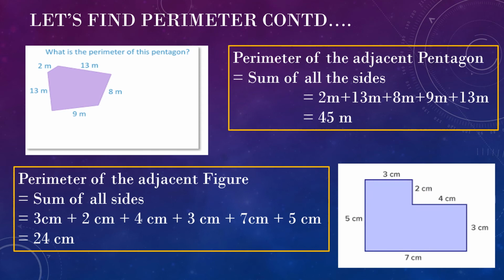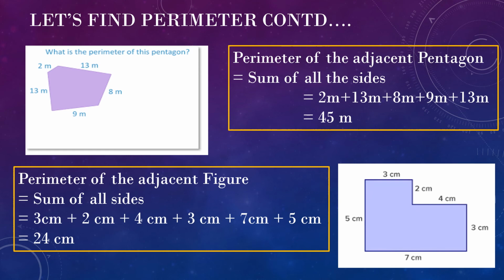Now let's find the perimeter of a few more shapes where we cannot use any formula. Here the perimeter of such figures is simply to add all the measurements of all the lengths. See this figure over here. This is a pentagon, a nice purplish pentagon, right? The measurements of each side are given.